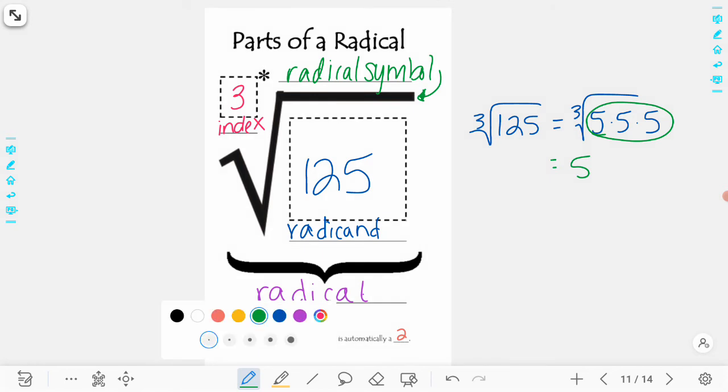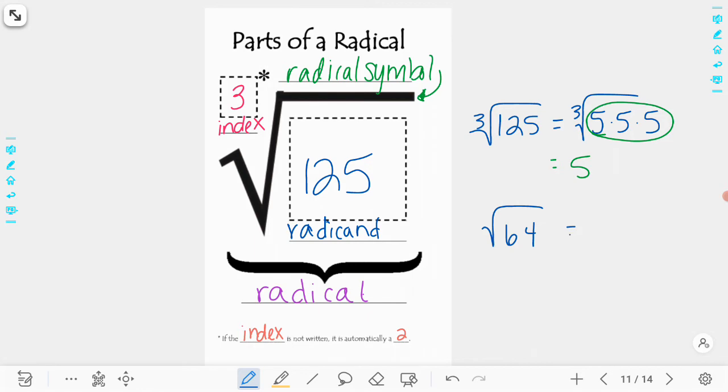If we had, let's say, the square root of 64, y'all would typically tell me that is 8. We could do the 4th root of 64. So if we break 64 down, we do the prime factorization like we've done before.